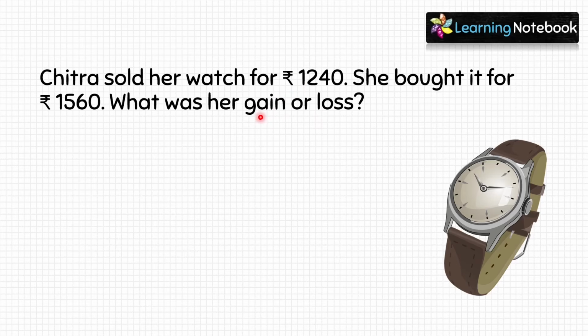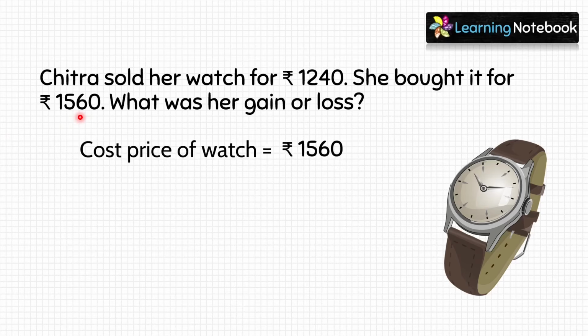Gain means profit. So we have to tell whether she has earned a profit or incurred a loss. Now let's solve this problem. What is the cost price of this watch? It is rupees 1560.